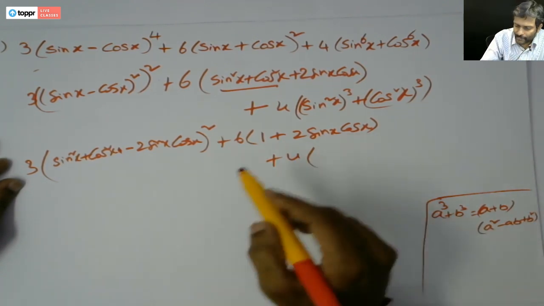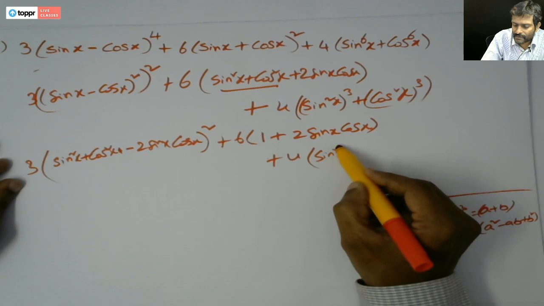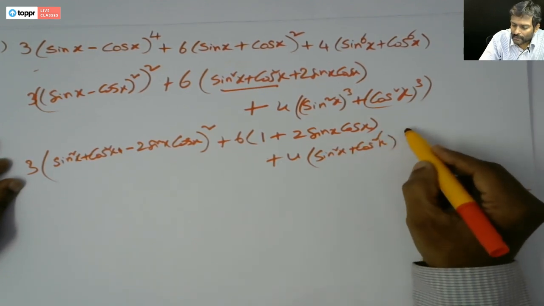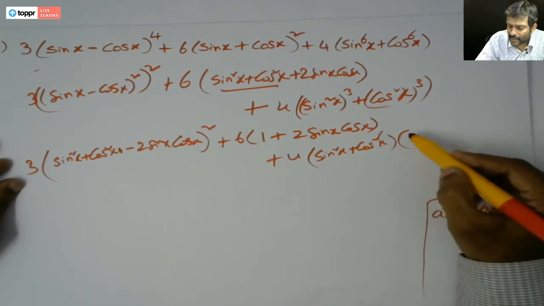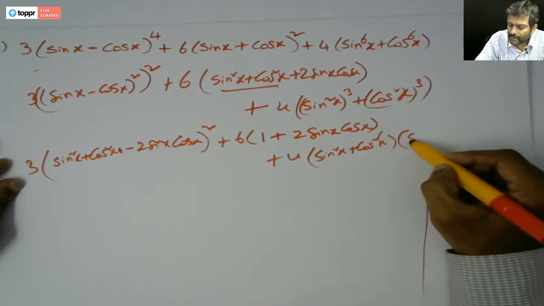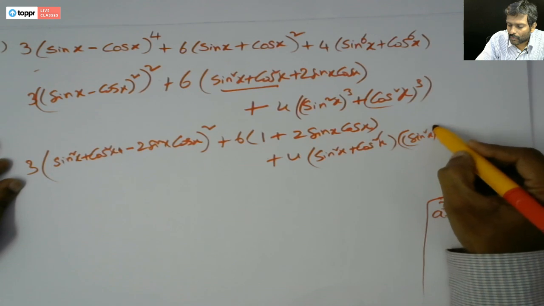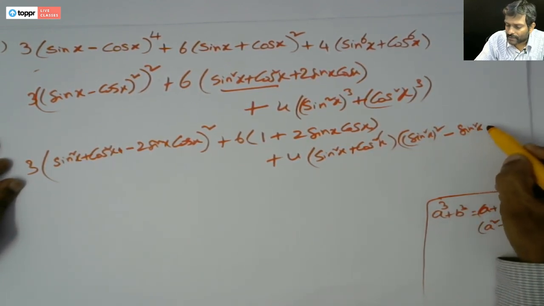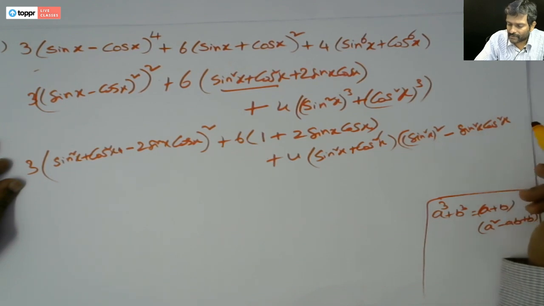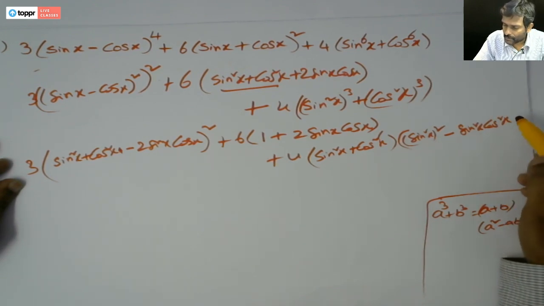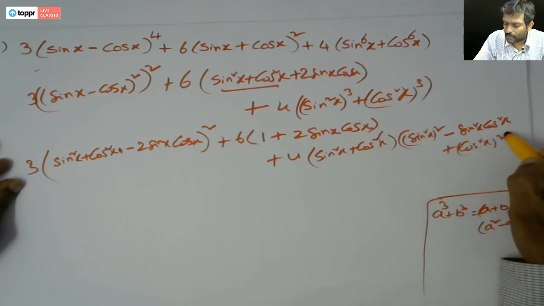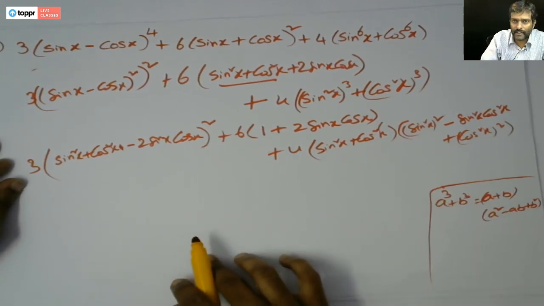So let me write that a plus b. Here a is sine square x and b is cos square x, times a square, which is (sine square x) whole square, minus sine square x cos square x, plus (cos square x) whole square. Right?